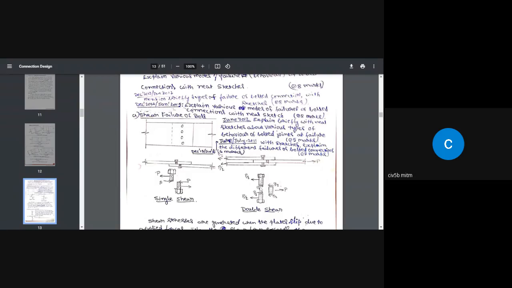This is the way the failure happens. So in this case, the bolt is in single shear, and in this case, the bolt is in double shear.